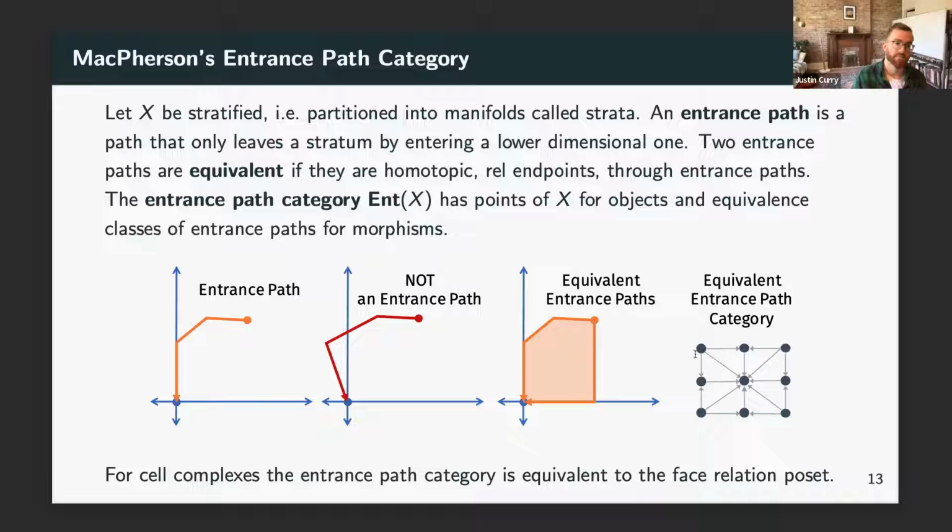I have a representative object for every 2-cell, which are the 4 open quadrants. Then I've got representative points for my 4 1-strata: the positive x-axis, positive y-axis, and so on. And then 1 point for the origin. And again, these entrance paths just basically look like the opposite of the face relation poset.